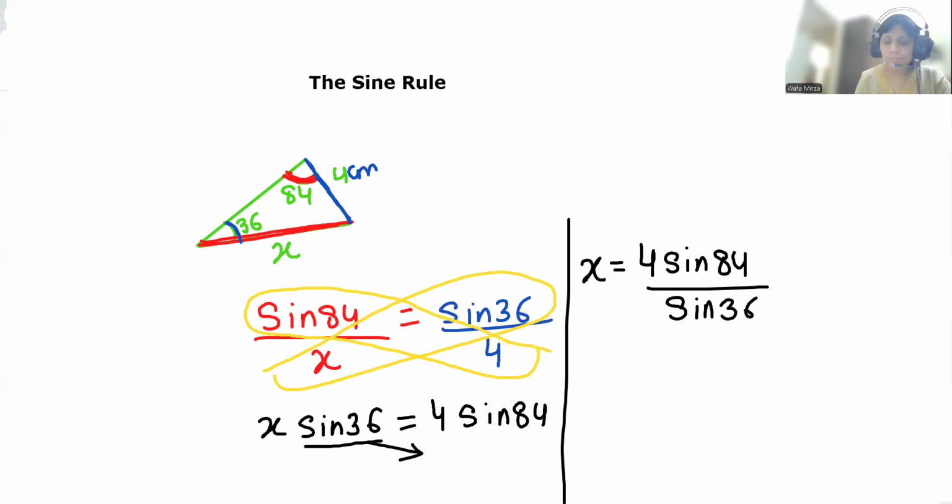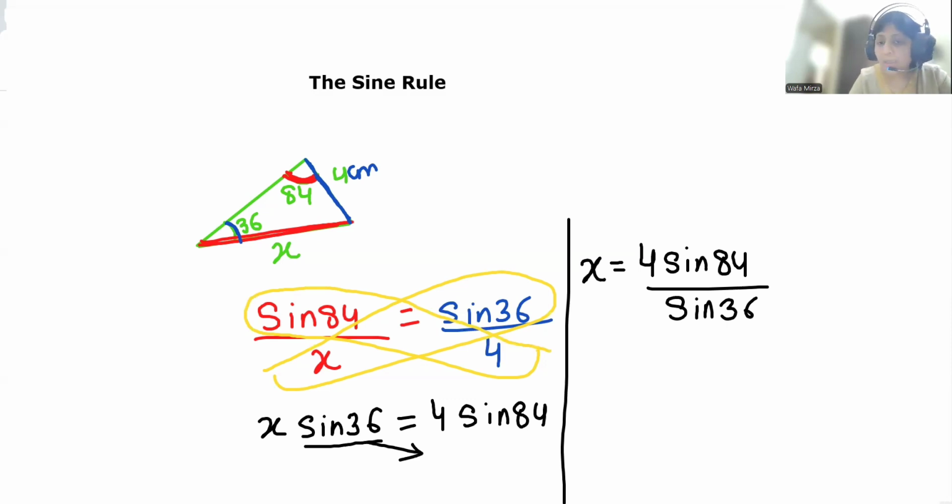Now you have to use your calculator to find x. So we have 4 multiplied by sine 84 divided by sine 36. So your answer will be 6.7679.